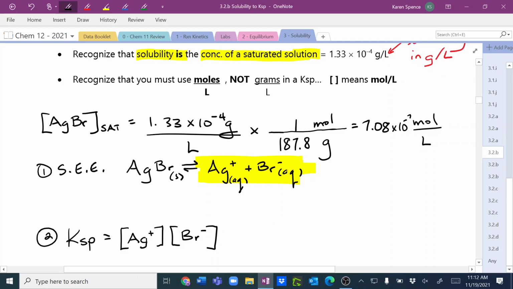Now, if we want to be finding KSP, what do we need? We need to use the ratio to find the ion concentrations. So I could just write it like this. I could say the concentration of silver is the same as the concentration of bromide, which is the same as the concentration of silver bromide.